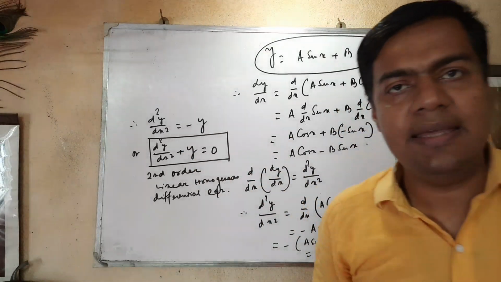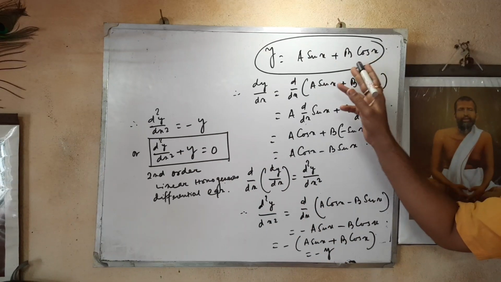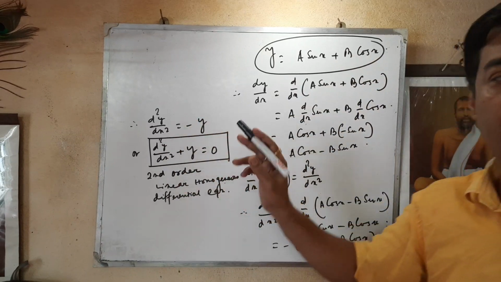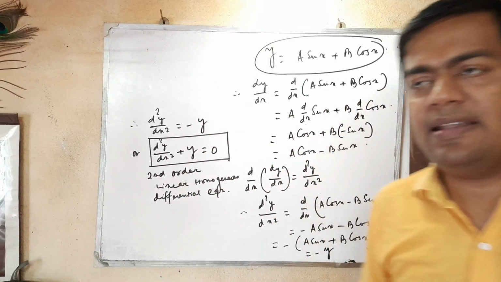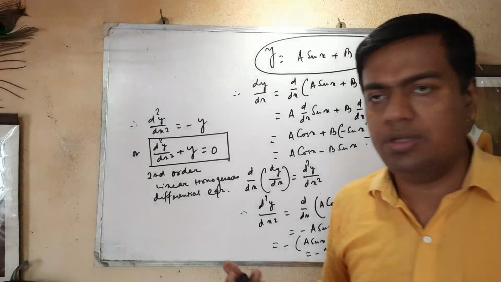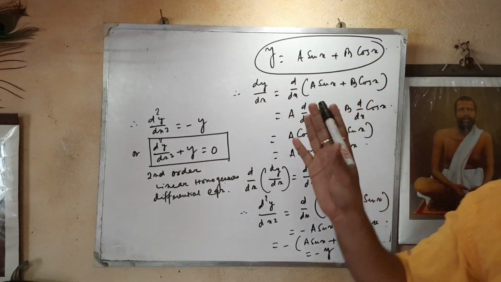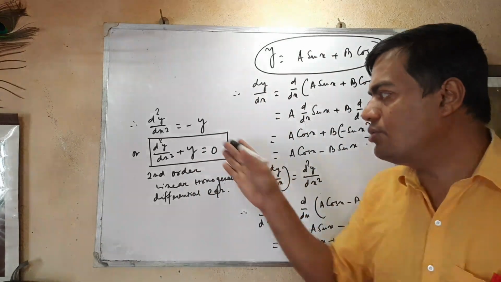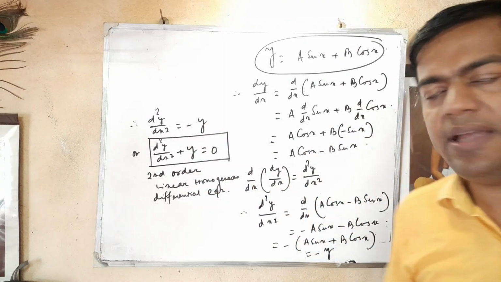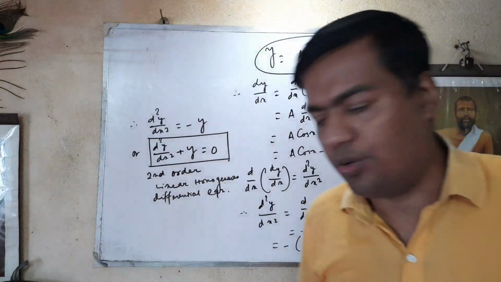The Bengali of differential equation is অবকল সমীকরণ. So y equals a sin x plus b cos x is a solution to this differential equation d2y/dx2 plus y equals 0.